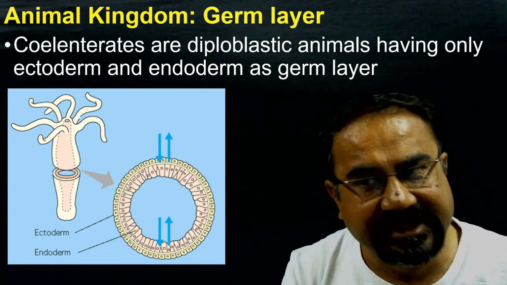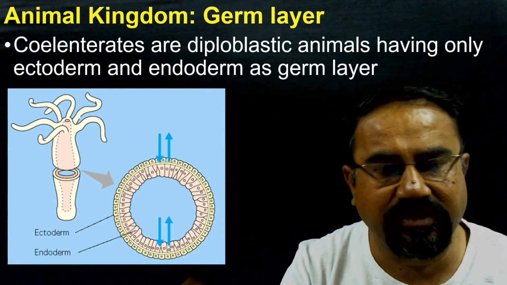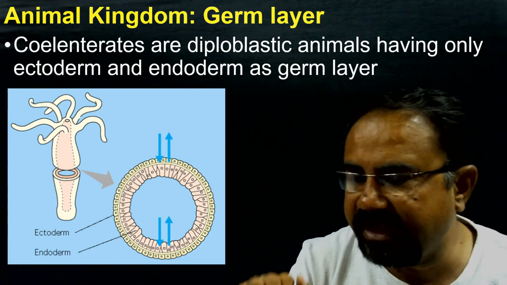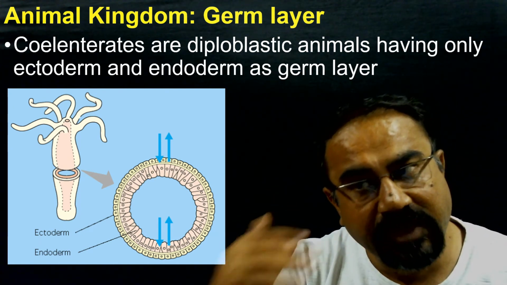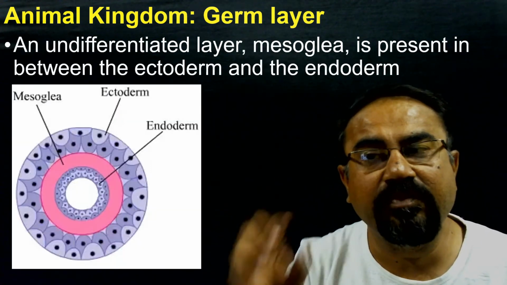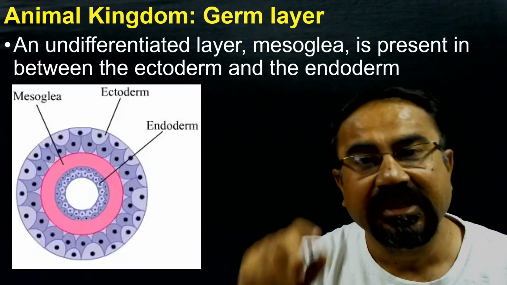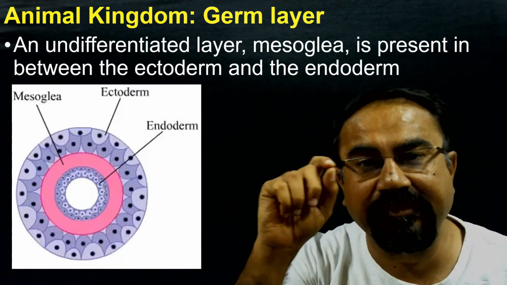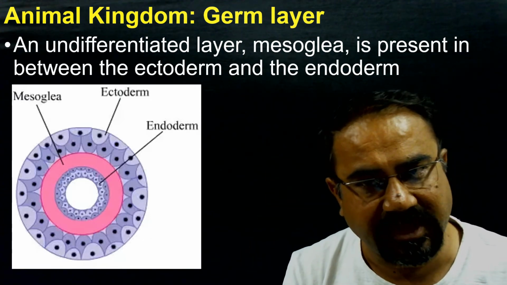Coelenterates are diploblastic animals, and one can say that there is an ectoderm and endoderm. सिर्फ दो ही लेयर है, ectoderm and endoderm, इसलिए उसको डिप्लोब्लास्टिक एनिमल कहते हैं. और उस डिप्लोब्लास्टिक एनिमल में मिजोग्लिया जो है एंडोडर्म एंड एक्टोडर्म के बीच में, that mesoglea is not having cells, that's why only two layers are there and we call it diploblastic.